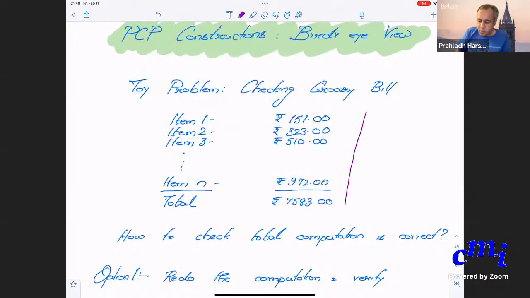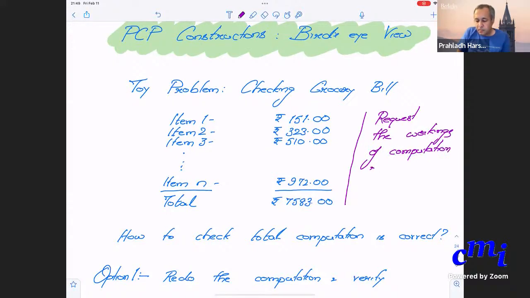So one option is, of course, you request the workings of the computation and go over it. That's fine, and this is efficient. But in that process, you have to read the entire computation.